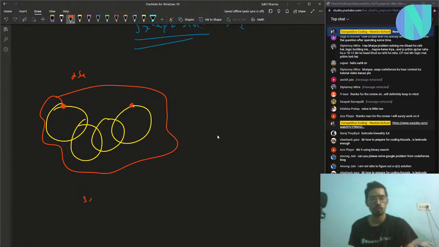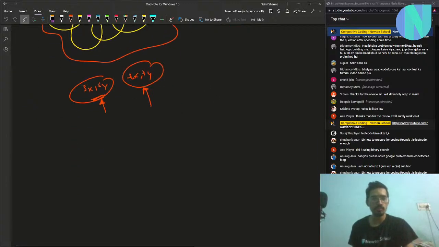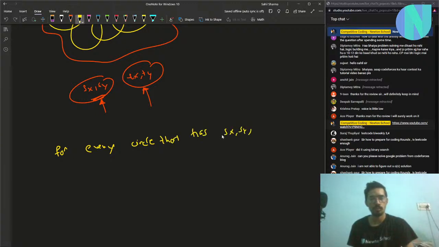Then you have 2 points, sx sy and tx ty. Find all the circles that contain sx sy and count all the circles that contain tx ty. Then for every circle that has sx sy, iterate for every circle that has tx ty.